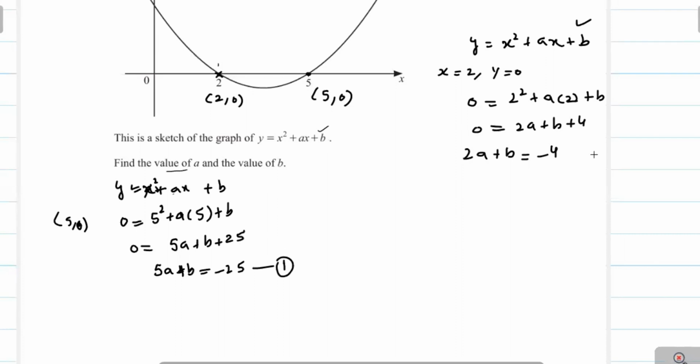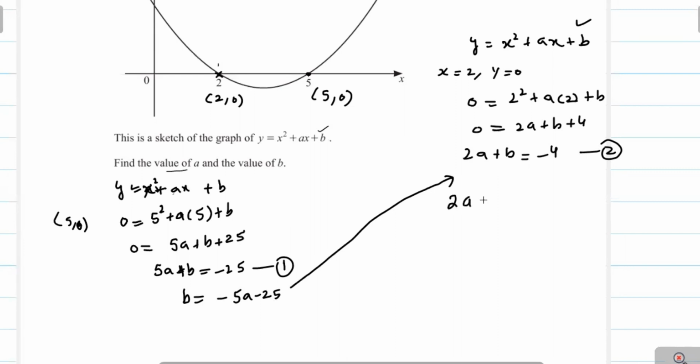Here are two equations, and we simultaneously solve these two equations. You see here the second equation is 5a plus b equal to minus 25. Therefore, we can write b equal to minus 5a minus 25. We substitute this value of b in the first equation.